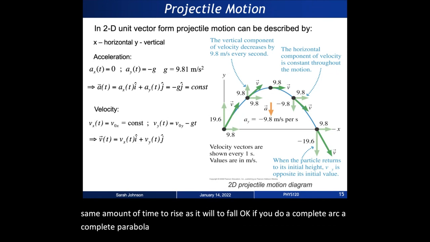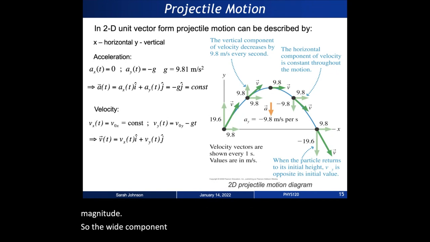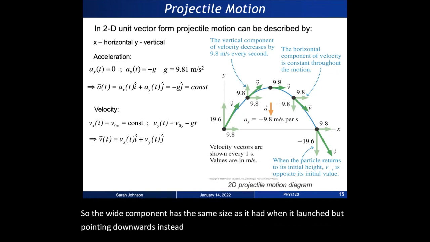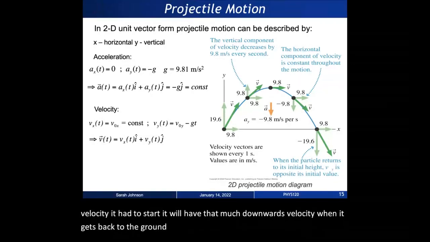Another symmetry to notice is that when the particle returns to its initial height, its y velocity has the same magnitude, so the y component has the same size as it had when it launched, but pointing downwards instead of upwards. However much upwards velocity it had to start, it will have that much downwards velocity when it gets back to the ground again, say if it started at the ground.